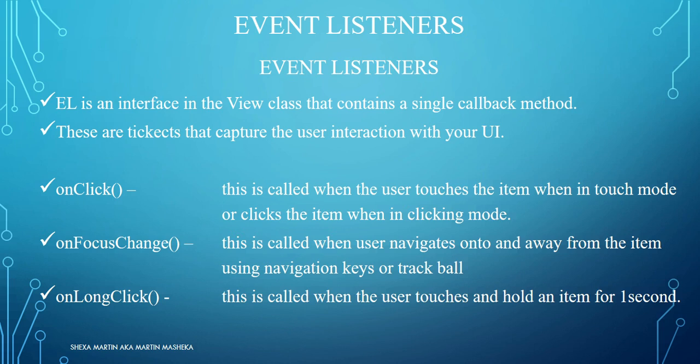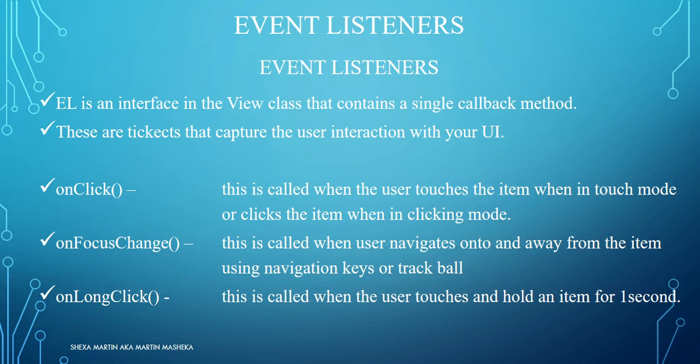An event listener is defined as an interface. It's just an interface in the view class that contains a single callback method. These are the hooks that capture the user interaction with your user interface.